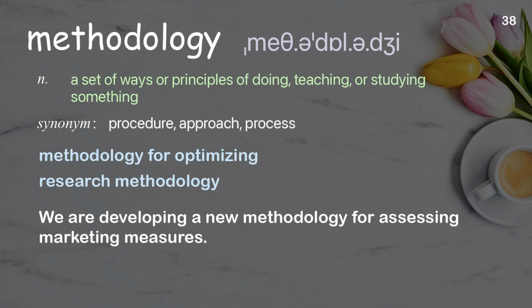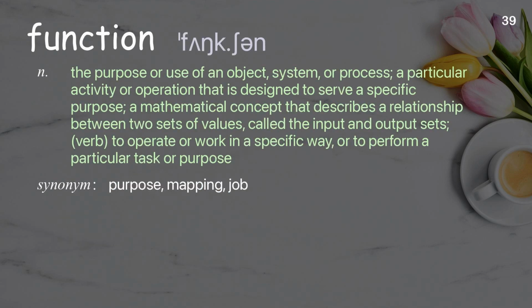Function. The purpose or use of an object, system, or process, a particular activity or operation that is designed to serve a specific purpose, a mathematical concept that describes a relationship between two sets of values, called the input and output sets.